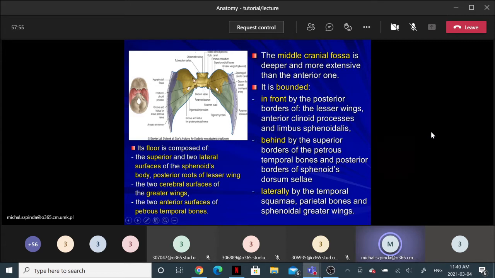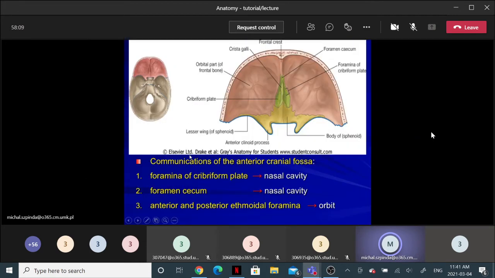Apart from this, you should memorize that the superior surface of the sphenoid's body is mostly included in the middle cranial fossa, apart from its very anterior part, which is plain, flat, and involved in the anterior cranial fossa.